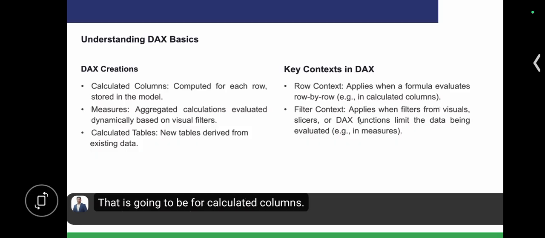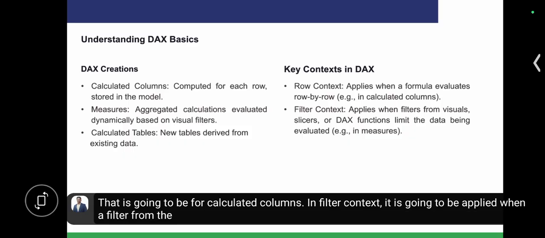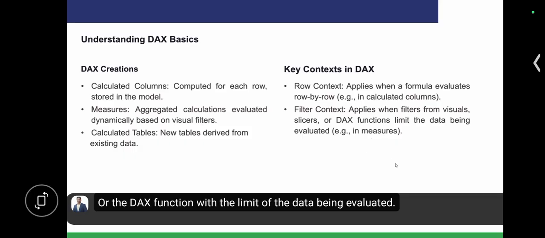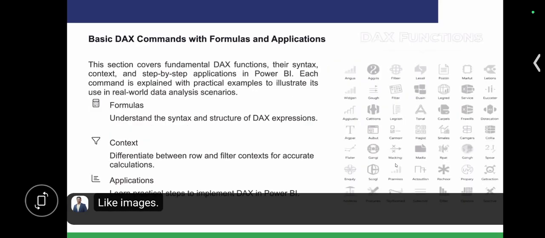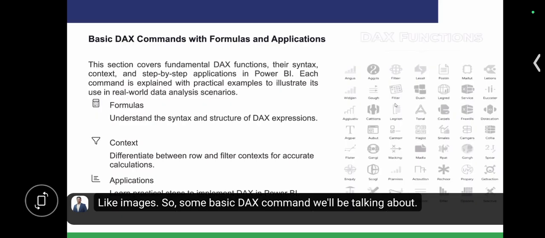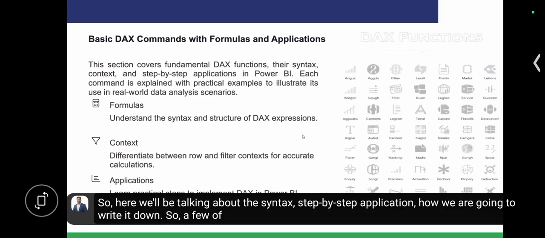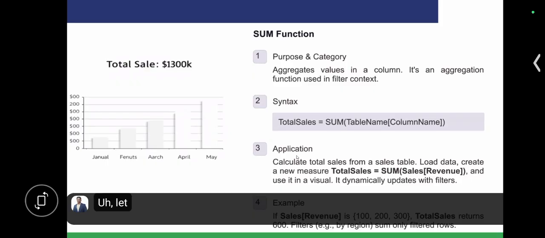Filter context is applied when filters from the visual slicers that we add filter out the things, or the DAX function limits the data being evaluated, like in measures. So some basic DAX commands we'll be talking about. We'll be talking about the syntax, step-by-step application, how we are going to write it down. A few of the things we have already seen. Let's jump to this particular.